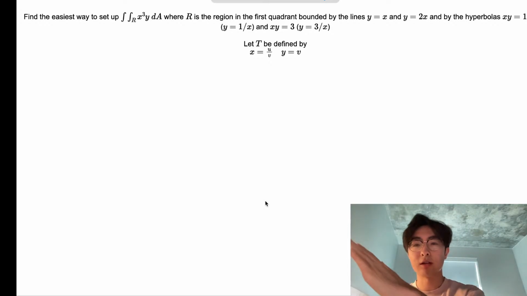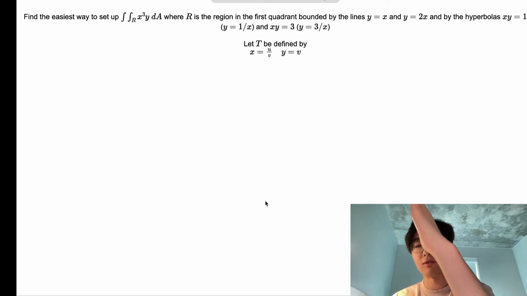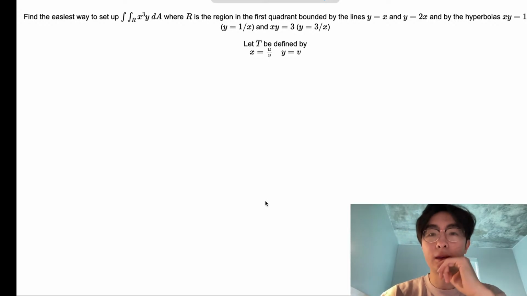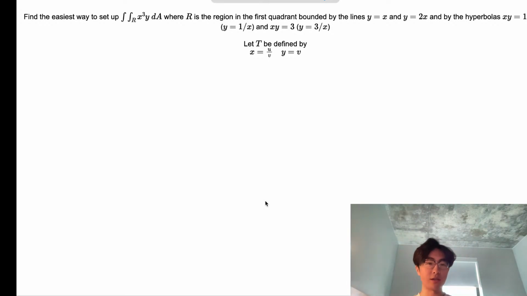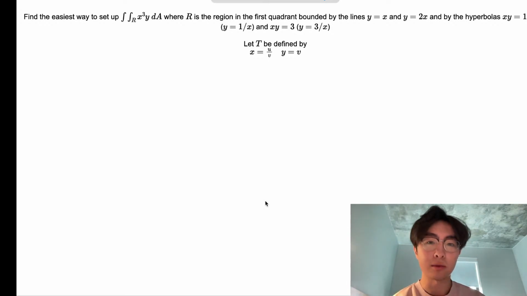So we'll have one straight line that looks like this, one straight line that goes up a little bit more. And by the hyperbolas, so y is equal to 1 over x. Oh, I think this might be the change of variables.